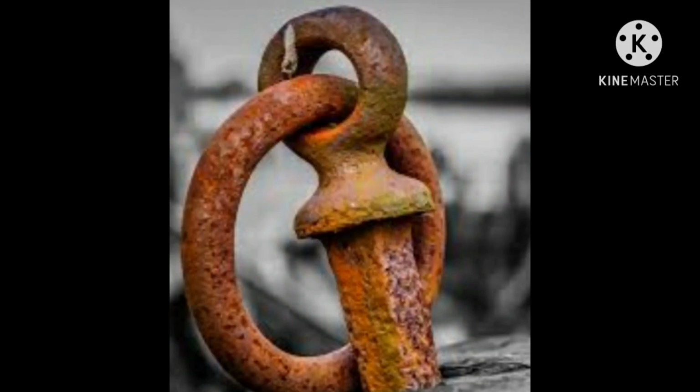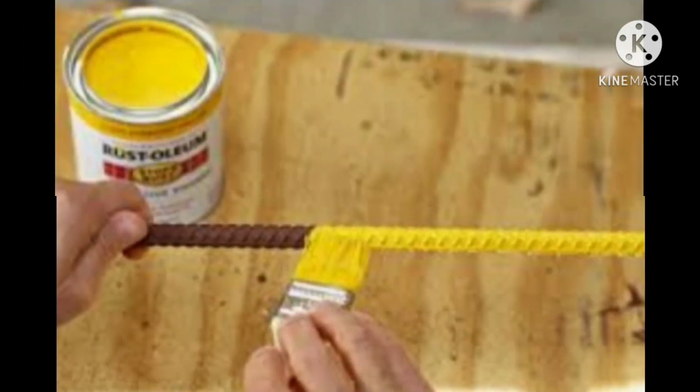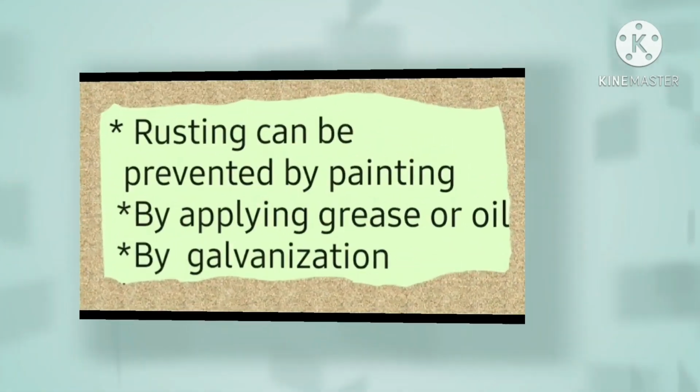Rusting of iron can be prevented by painting. When a coat of paint is applied to the surface of an iron object, then air and moisture cannot come in contact with the iron object and hence no rusting takes place. Iron objects are painted regularly to prevent them from rusting.